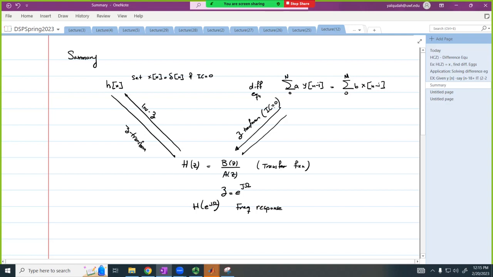Okay, so if I have the difference equation, if I set the initial conditions to 0 and take the z transform, it's going to give me h of z. If I have h of z, then I can, by inspection, find out what the difference equation is. Does that make sense, everybody?